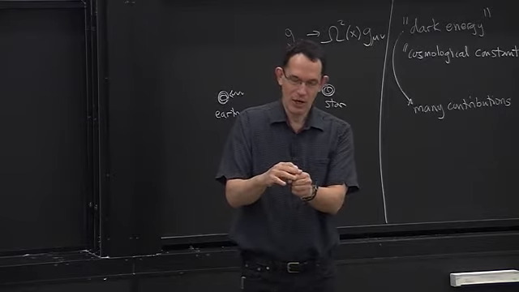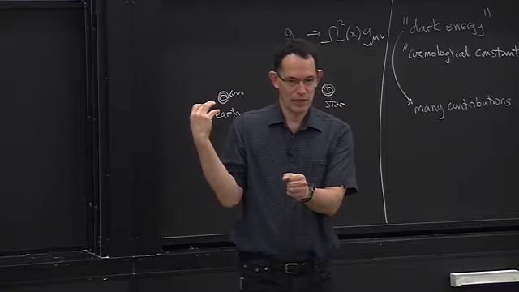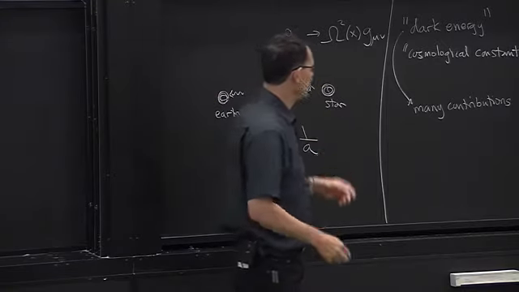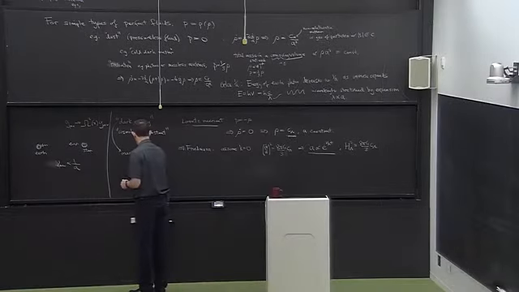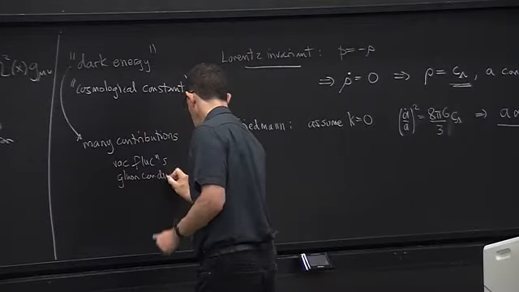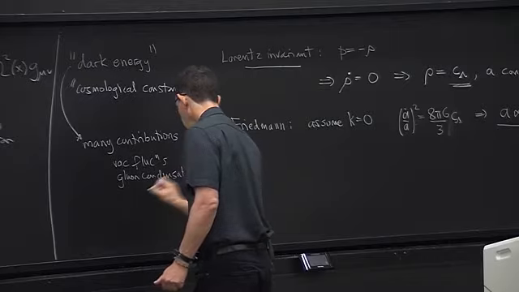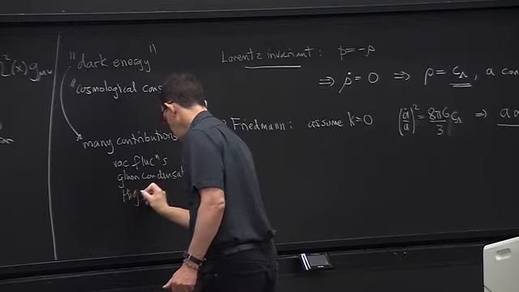So this gluon condensate, again, contributes to the vacuum energy. And finally, there's the Higgs field. So we have vacuum fluctuations, we have a gluon condensate, we have the Higgs field.